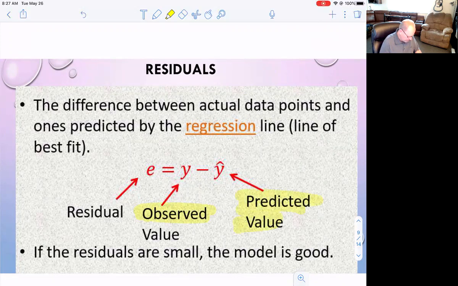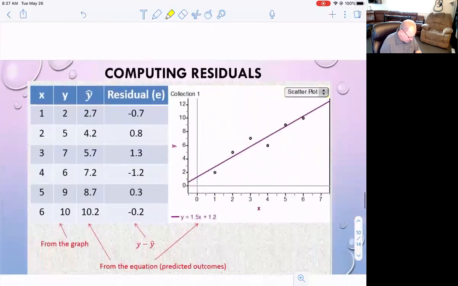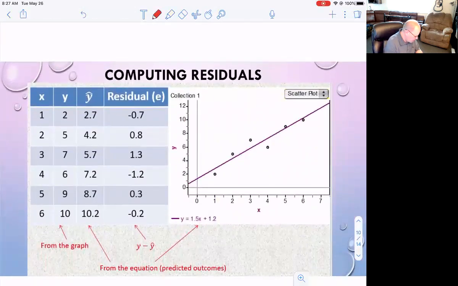Okay, so let's look at what that looks like. So here's our point values, the Y column. Here is the value we get when we put the X value into the equation. Okay, so we're given this equation down here. So the Y value that comes out when we put in this X value is that.